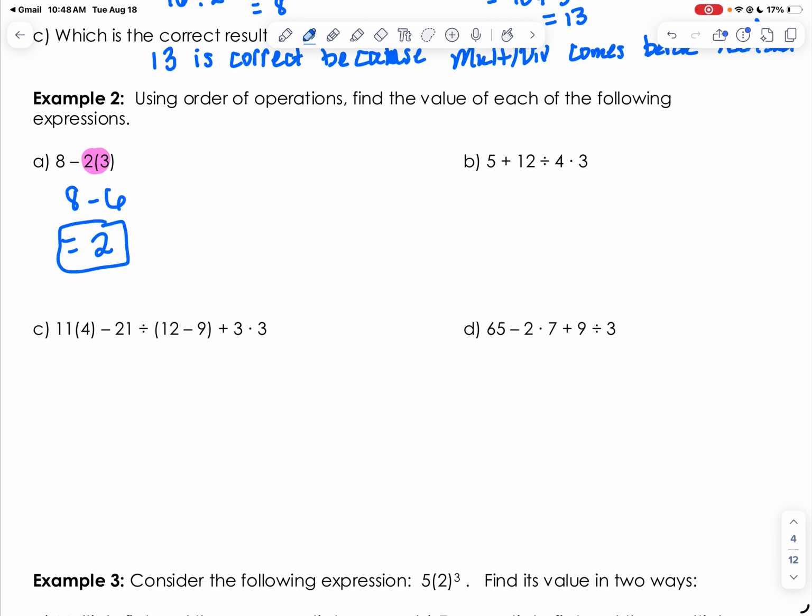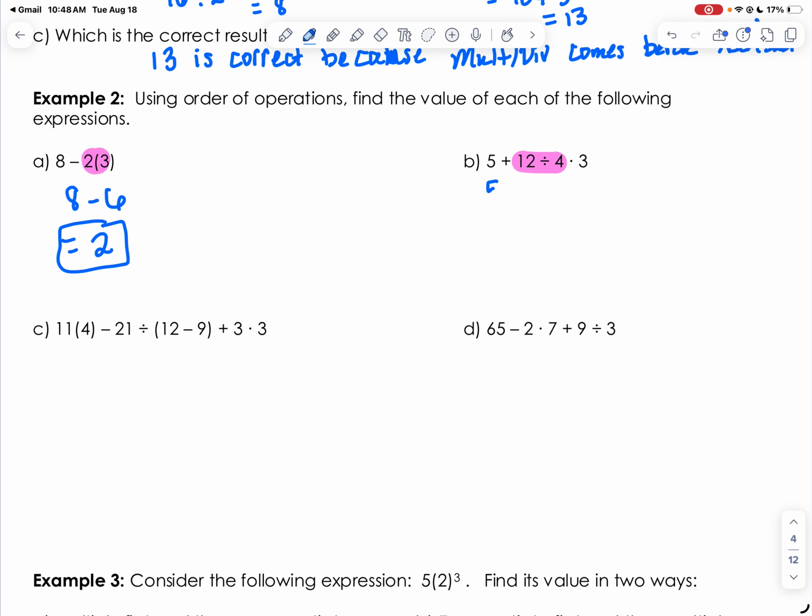All right. In problem B, we have 5 plus 12 divided by 4 times 3. So we have addition, division, and multiplication. Now, multiply and divide are the stronger operations, but when we have both in the same problem, we go left to right. So in this problem, we'll do the division first.